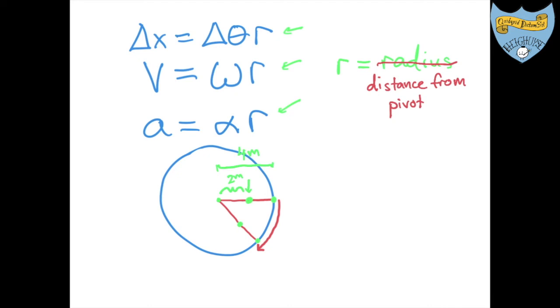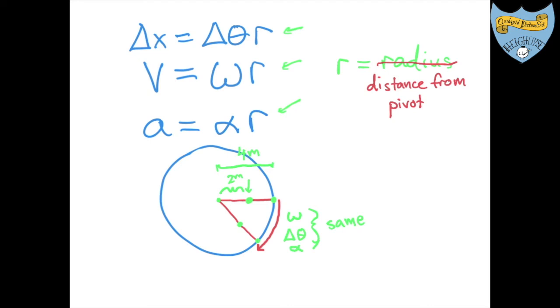All riders are going to go through the same angular displacement in a given amount of time. All the rotational quantities are going to be exactly the same. If the ride's speeding up or slowing down, for that matter, the alpha is going to be exactly the same for all of the riders.